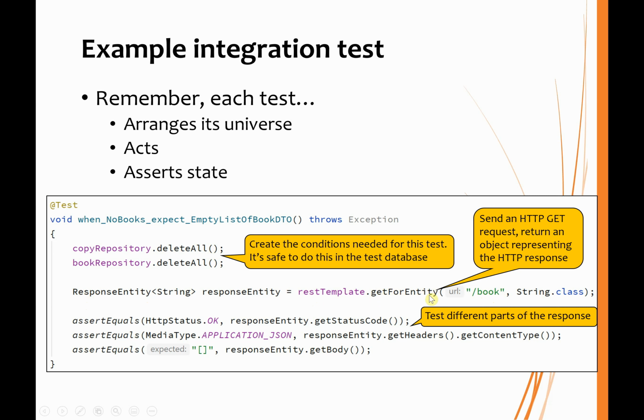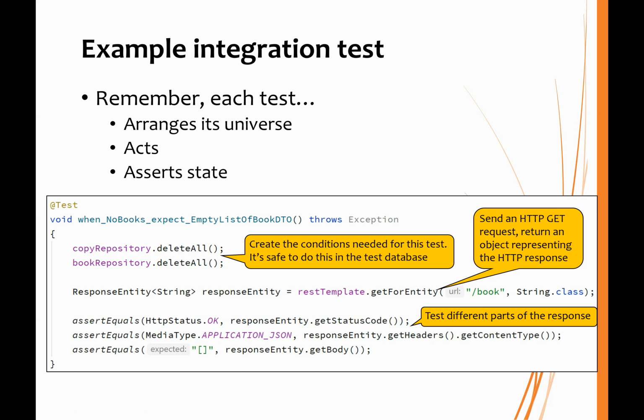So by the time getForEntity has executed, it will have sent in a GET request to this endpoint. That controller's endpoint will then execute and produce a JSON string that will then be stored as part of the response entity object. And we can then assert that the response entity's status code is OK, that the response entity's header's content type is this, and that the response entity's body, which is a string, is equal to that value.